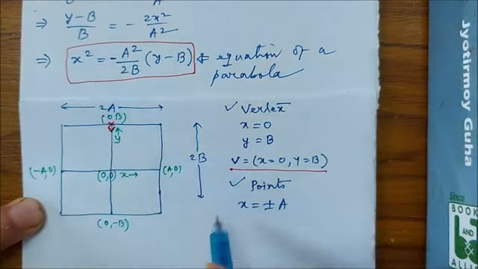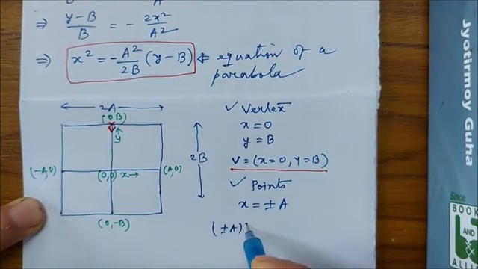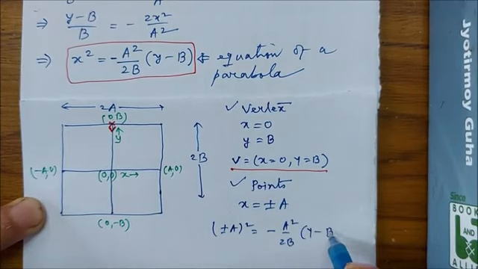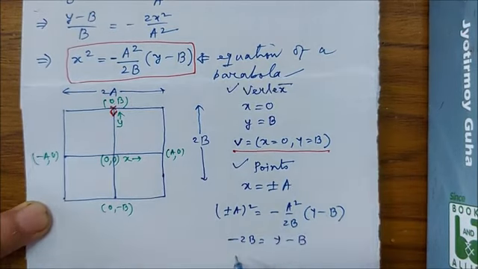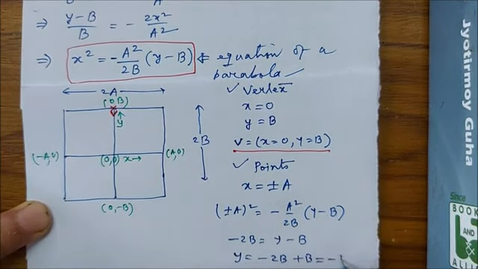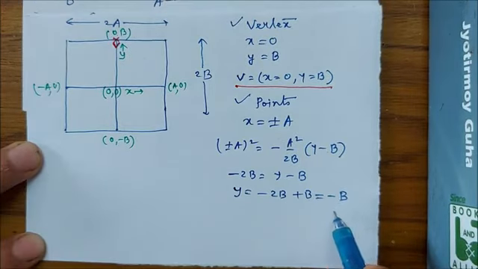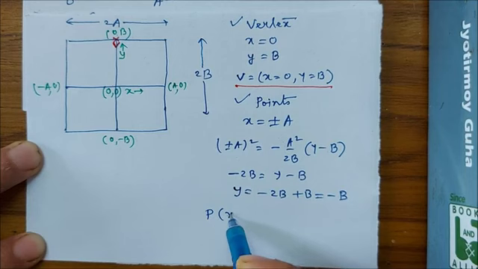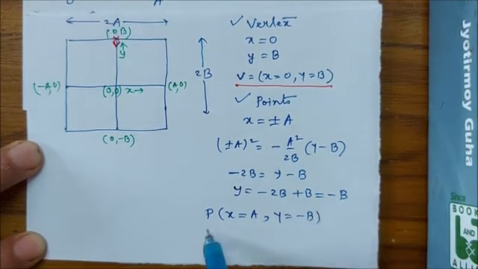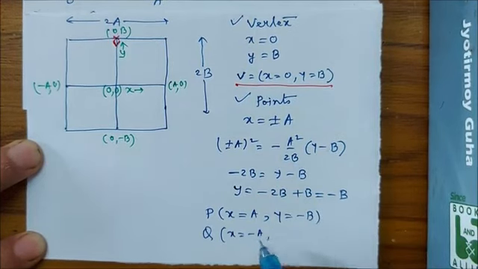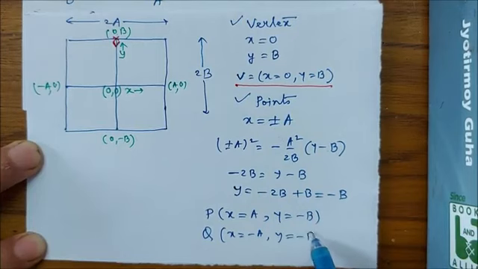And we have from this equation, so a is cancelled out, and we have y is minus 2b plus b, which is minus b, and this leads to 2 points, say P corresponding to x equal to a, y minus b, and Q, x is minus a and y is minus b.